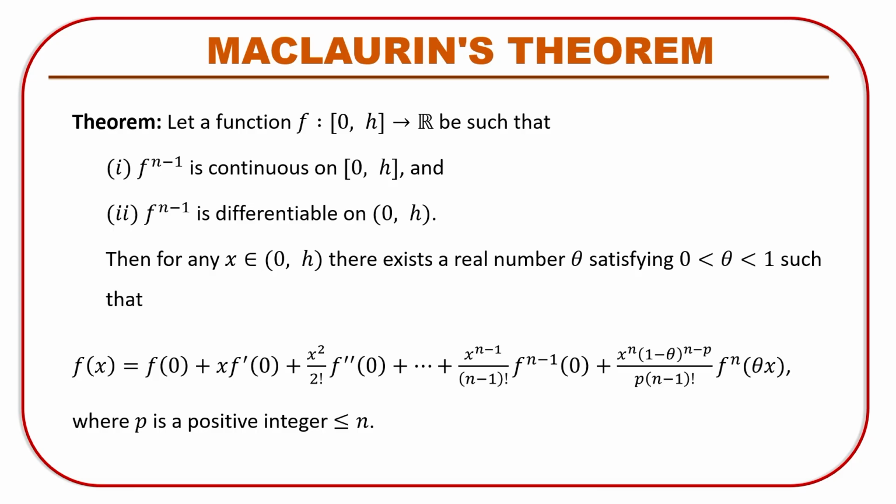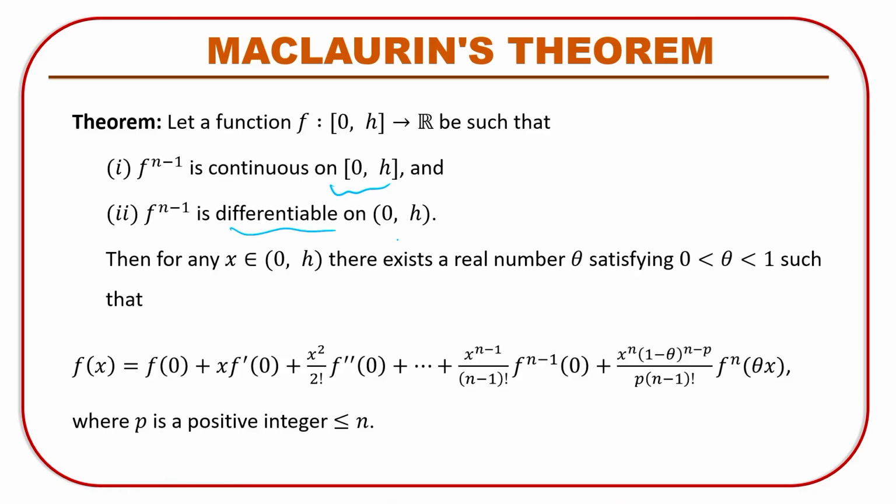Now, very closely related to Taylor's theorem is Maclaurin's theorem. And what is Maclaurin's theorem? If you put one of the endpoints a as 0 and take the increment only as h. So, in a closed interval 0 to h, a function is defined as a real valued function such that the n minus 1th derivative of that function is continuous on the closed interval 0 to h and differentiable on the open interval 0 to h.